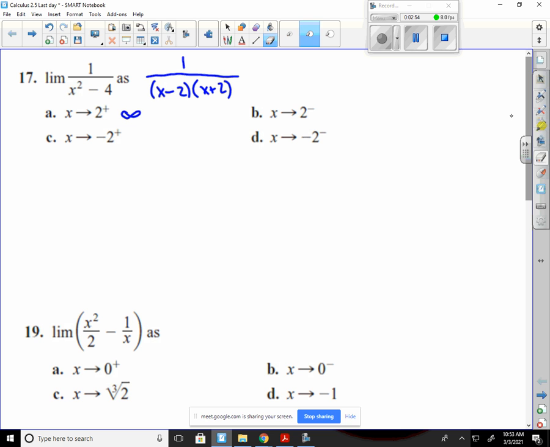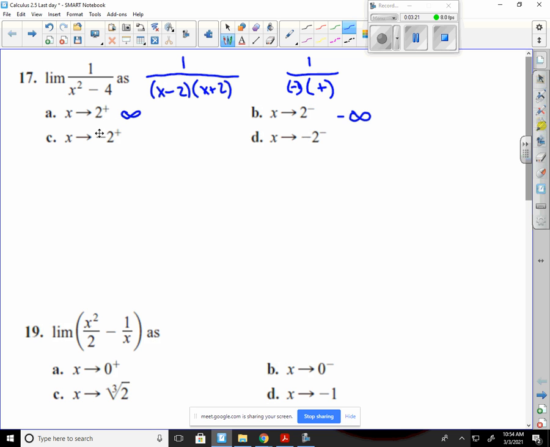So I would have 1 over a negative. And then 1.9 plus 2 is going to be a positive number. So it's 1 over a negative times a positive. That means this is going to go to negative infinity, because a negative times a positive is negative.